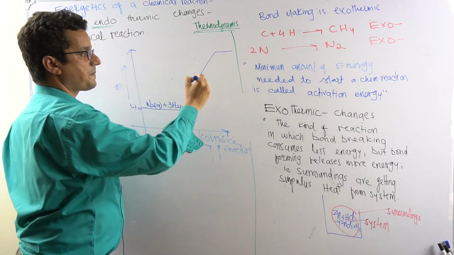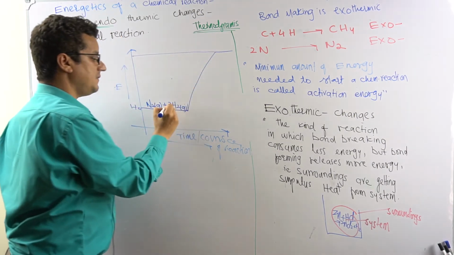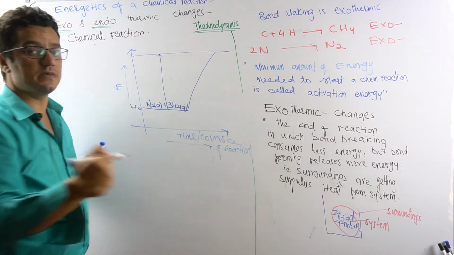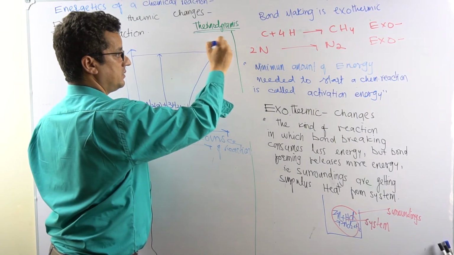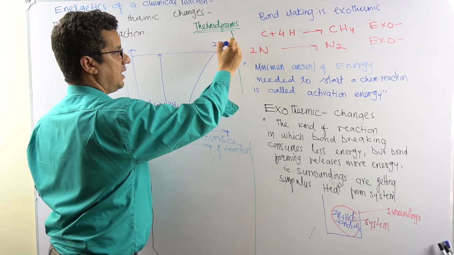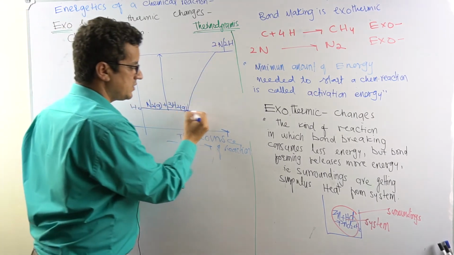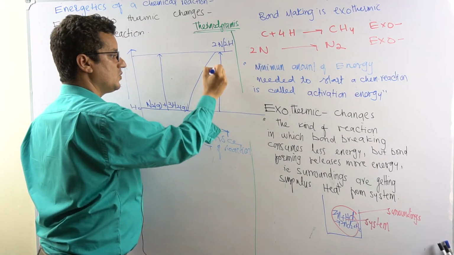Suppose this, here they have a sufficient amount of energy, and that sufficient amount of energy which is needed for this reaction to start, or for collisions to become successful, is called activation energy. So here bonds are broken. It's not N2 I have written, or H2, rather these are hydrogen and nitrogen in atomic state. Now the amount of energy that is being supplied can be monitored like this, and absorbed energy is shown by a plus sign.